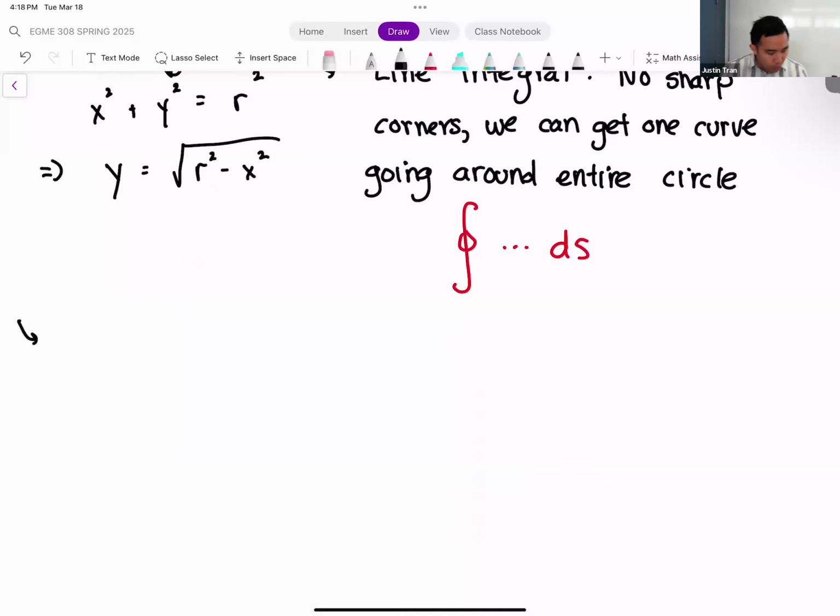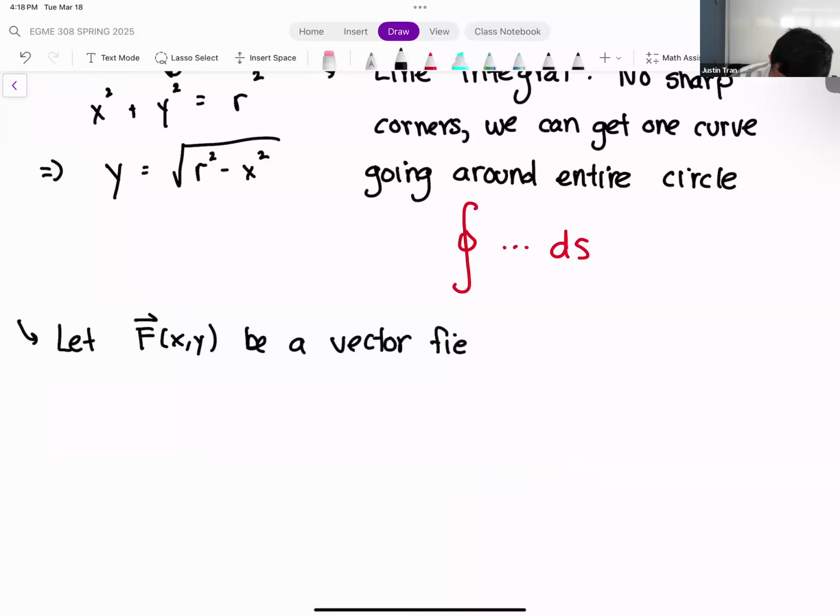Okay. So in order to start, we have to have some kind of vector field that we're integrating. So we're going to let F be our vector field. Remember, a vector field is a multivariable function that has a vector value quantity at every single coordinate x and y.